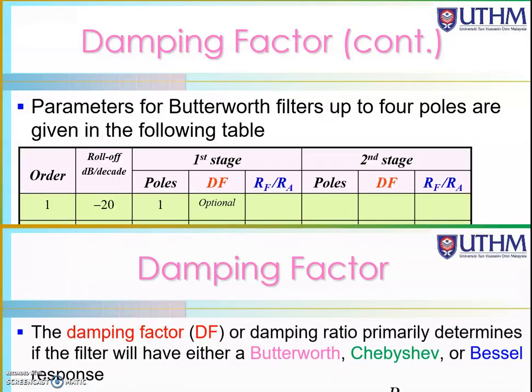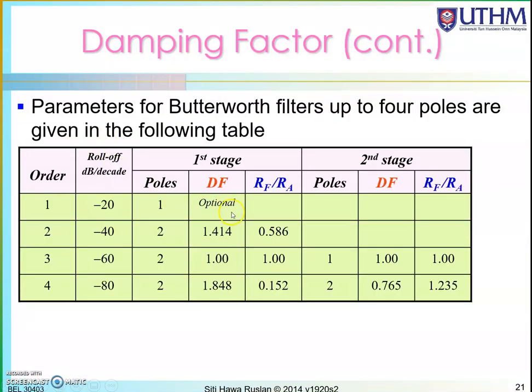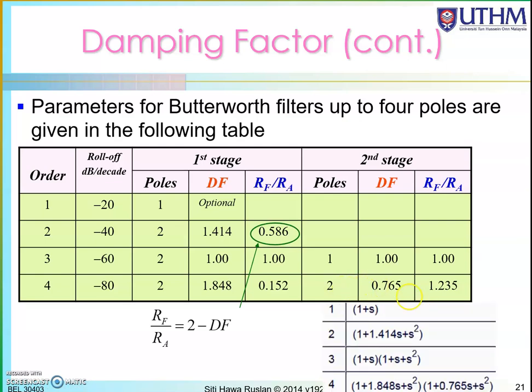The table is given like this: RF over RA 0.586 for the second order, and so on for third, fourth order. It is actually from the calculation just now. This one is from table 2.1, so you just use this value, 2 minus the damping factor. This is the relationship with table 2.1.